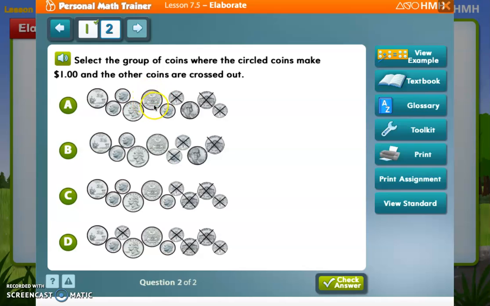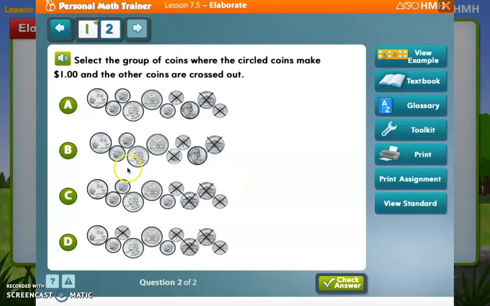Another quarter would be 75 cents. And then I'm going to add my dimes. So 75, 85, 95, 105, and then a nickel would be 5 more, so that's 110, or $1.10. That would be too much, right? So this would be too much to make $1. So that one's not the right answer.